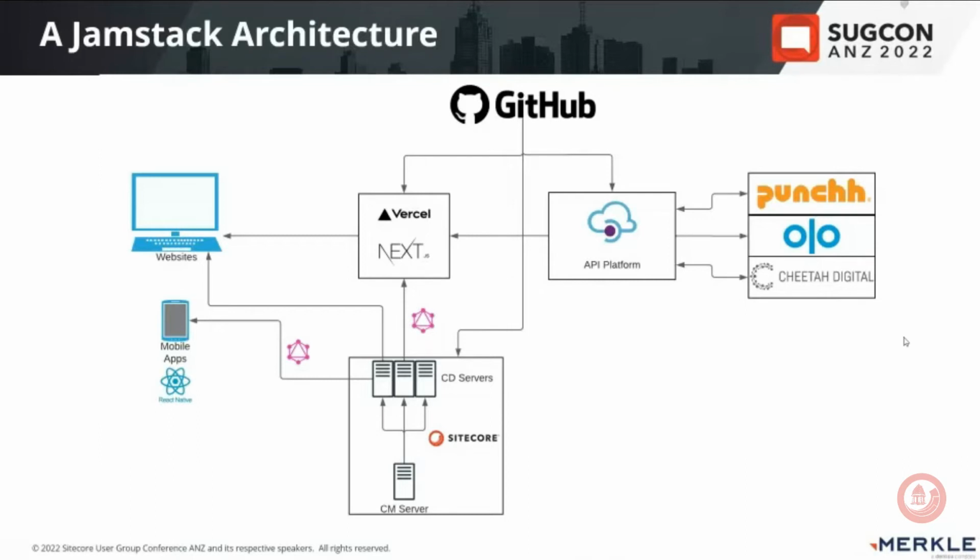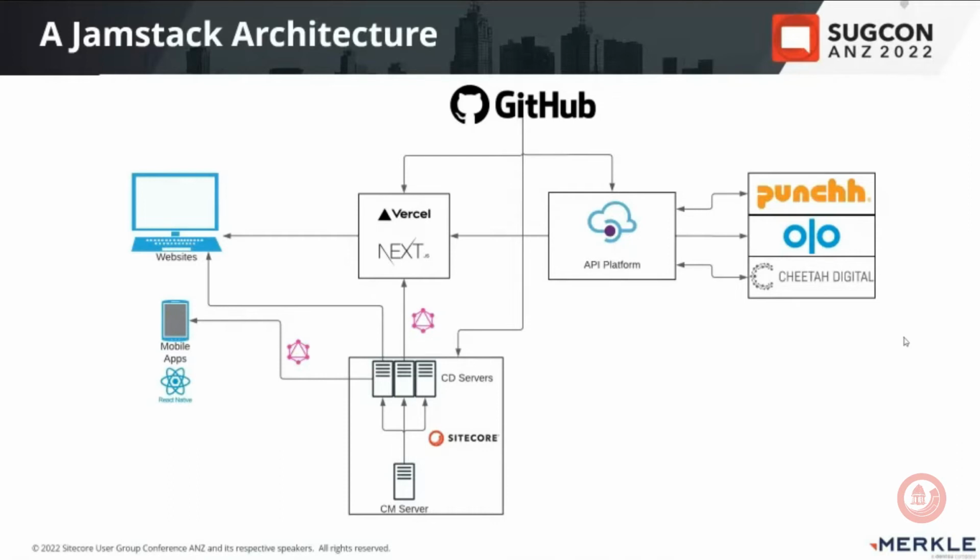We chose to use Next.js and host our front end, because we still need somewhere to host the front end of our site. We hosted the front end on Vercel. During build time, and at times runtime, we would get that content from Sitecore, and we would also power our native mobile apps, which were using React Native, using GraphQL.